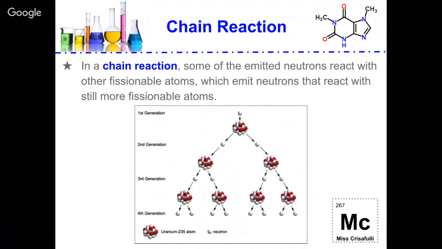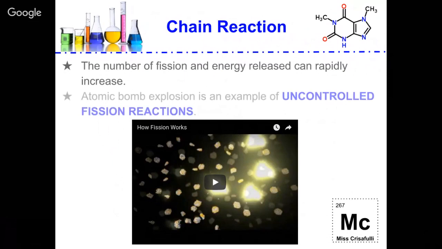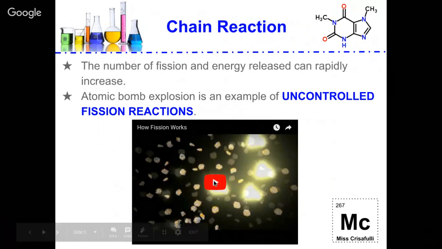Those neutrons are going to hit other uranium atoms, which are going to split, and those uranium atoms are going to release neutrons. And it's going to keep going and going and going. So the number of fissions and energy released can rapidly increase. The atomic bomb explosion is an example of an uncontrolled fission reaction.